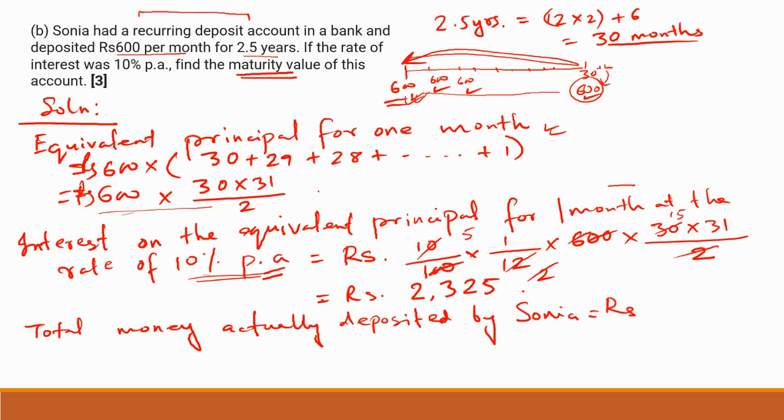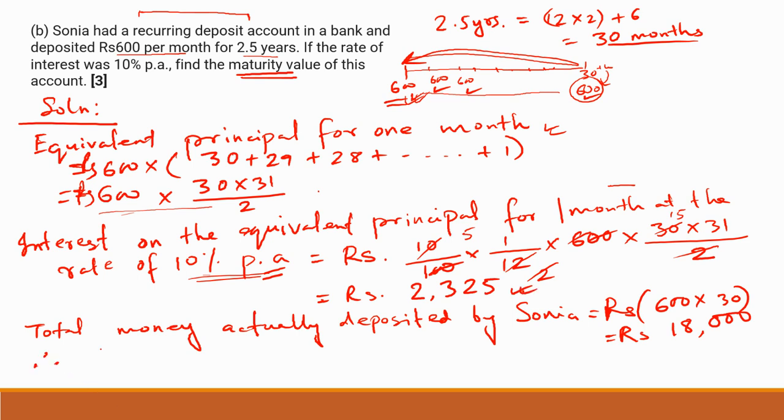She was depositing 600 for every month, right? 600 every month she was doing. For how many months? 30 months. So this is the actual money she deposited. 6 times 3 is 18 and 3 zeros. 18,000 she actually deposited. And the interest that she got is 2,325.